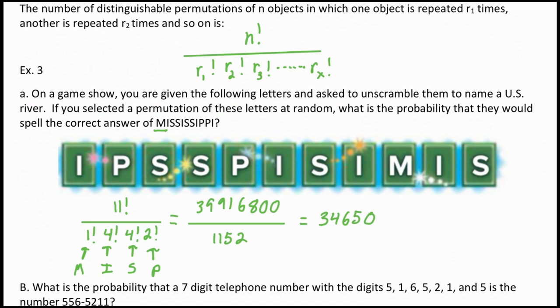Are we good there? So what's the probability that I get this? 1. So the probability of MISSISSIPPI is 1 out of 34,650. You would think it would be higher, but nope.